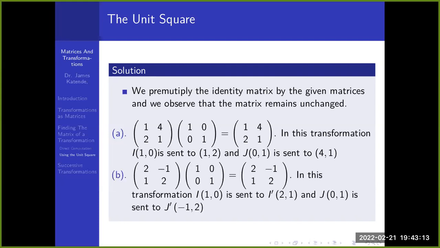The same happens with the second one, because basically you're multiplying with an identity matrix, so it doesn't change the matrix. So that is our strategy now. Anytime we want to find the matrix of a transformation, we simply find the images of the points 1, 0 and 0, 1, and the result that we get will be the matrix of the transformation. You can see the matrix does not change at all.